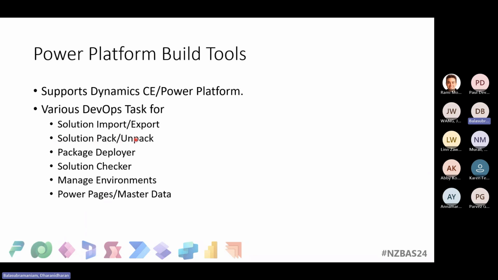Next, we have the solution pack and unpack. With this feature, we can break down our solutions into individual components, making it easier to manage them in source control systems like GitHub or Azure DevOps. It is really easy to maintain the unpacked version. So this is very key for tracking the changes and collaborating within the teams.